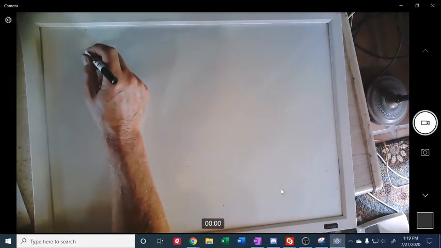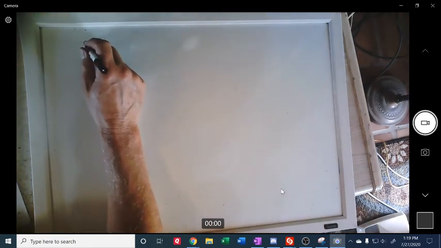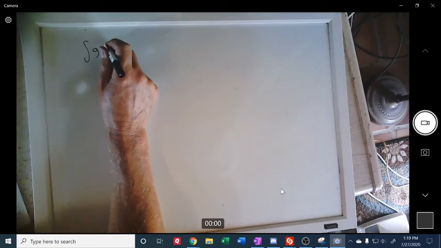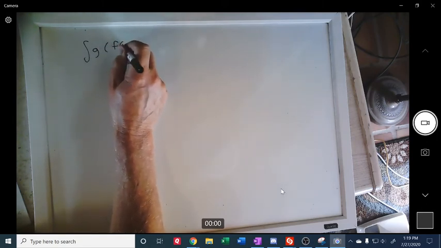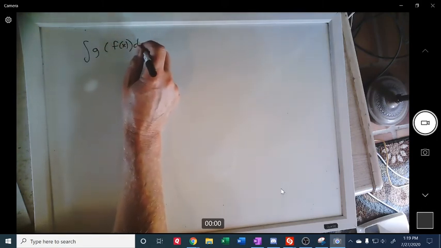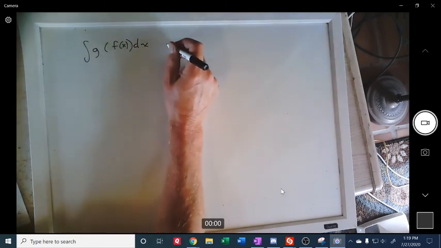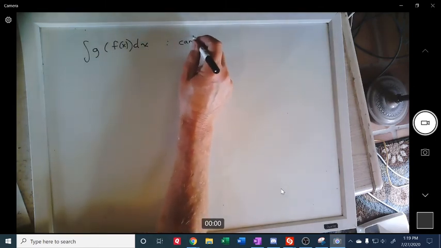And we're going to generalize our abstract rule even more. The integral of g of f of x dx, we're going to say that we can't do it.